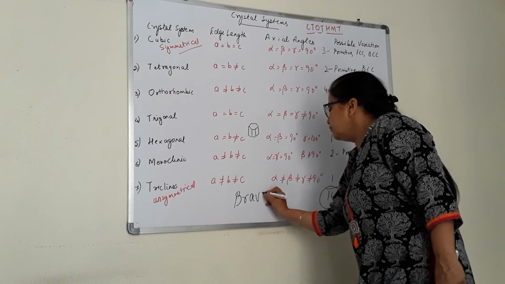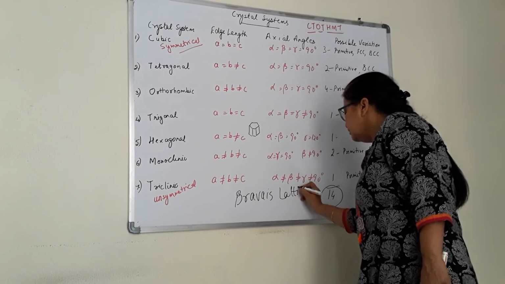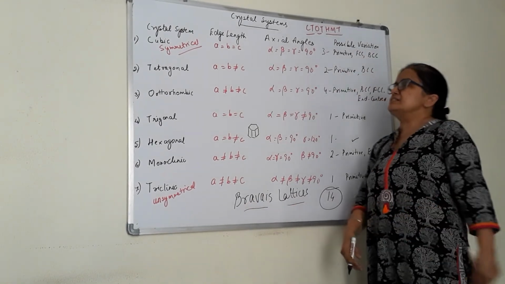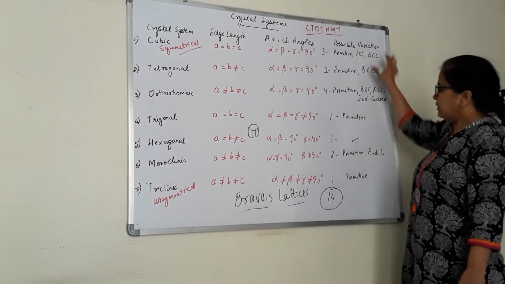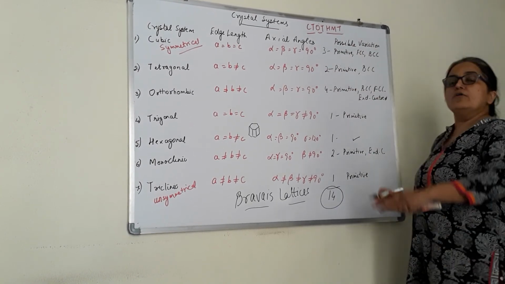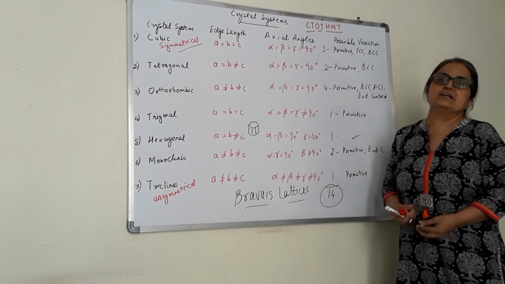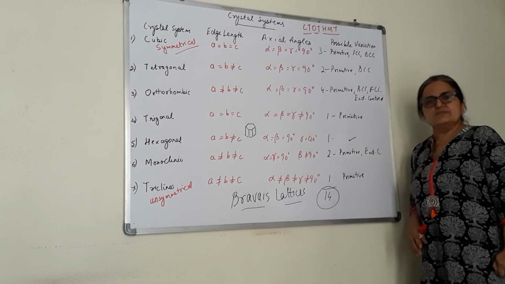These are named after the scientist. He identified that in each of the crystal systems, the arrangement of alpha, beta, gamma, a, b can be of this type of unit cells. So there are 14 Bravais lattices present in crystal systems. Yes, please note down all this, it's very important.